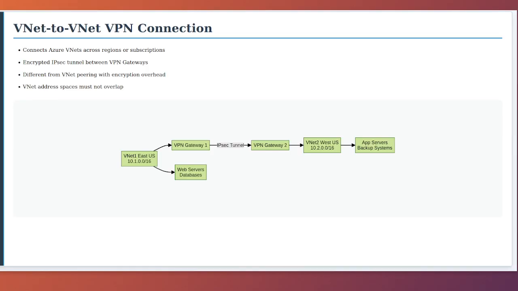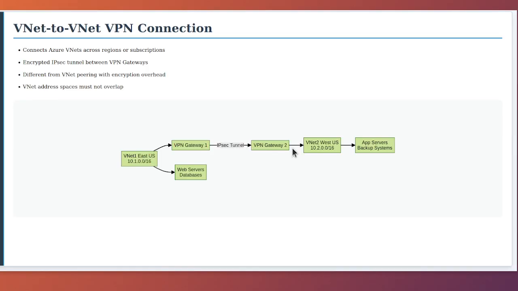Examining the diagram, you can see two Azure virtual networks in different regions, East US and West US. Each VNet has its own VPN gateway deployed in a gateway subnet. The VPN gateways establish an encrypted IPsec tunnel between them, shown as the bidirectional connection.